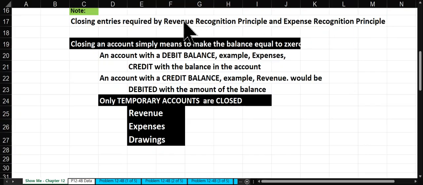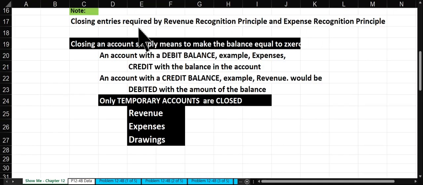And remember, these two principles indicate that revenue must be recorded in the period earned, not restricted to when cash was received, and expenses must be recorded in the period incurred, not necessarily when cash has been paid. And so, in order to ensure that we only have the revenue for a particular period and the expenses for that same period, we have to do what is called closing entries.